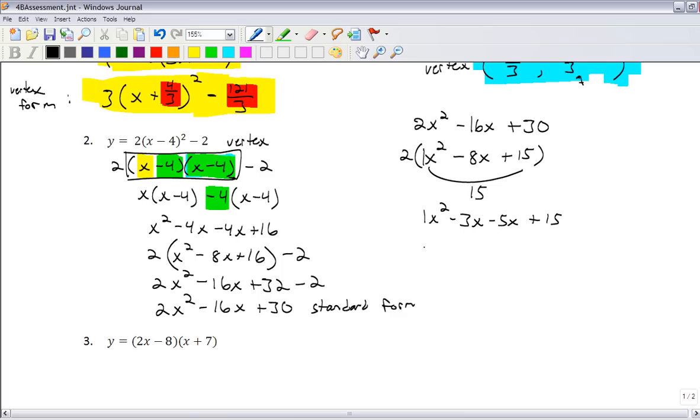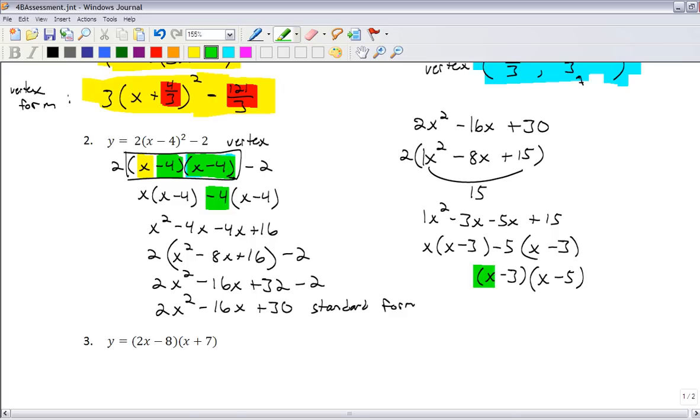So we take out a common factor of x. With the 3, I'm going to have an x minus 3 over here. What can I factor out so that I have an x minus 3? That would be a minus 5. So factored form is an x minus 3 and an x minus 5.